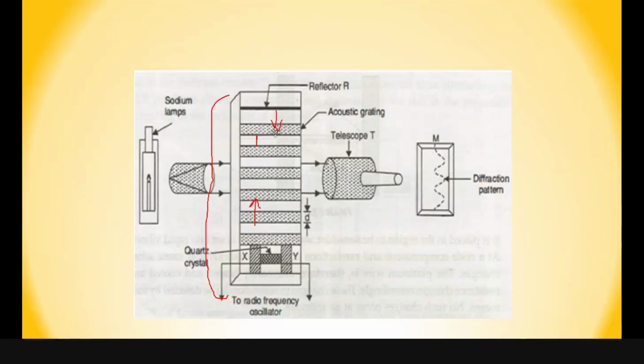So a specific kind of pattern will be created inside the liquid column. From here to here, it will give me one wavelength, lambda, and this will be equal to lambda by 2. So if I assume this as d, I can write d equals lambda by 2.